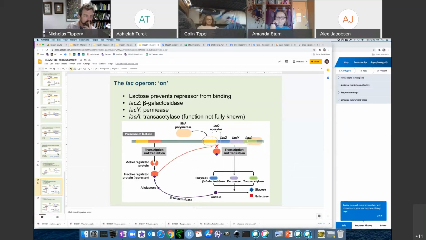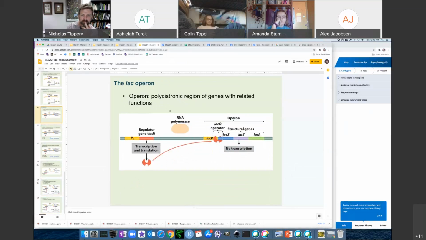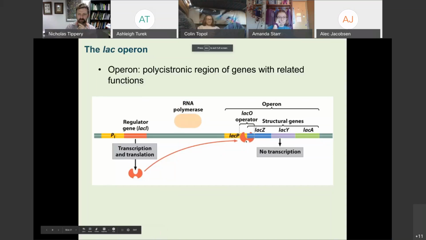And then maybe one more thing right before we're out of time. What we'll be spending a little bit of time on is the regulation of the expression of this operon. RNA polymerase would love to get in here, recognize the promoter, and transcribe these genes. Right now, it's being prevented from doing that because there's the repressor molecule bound to the promoter region.